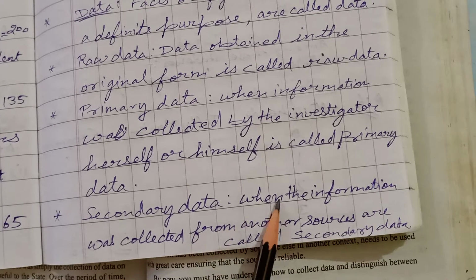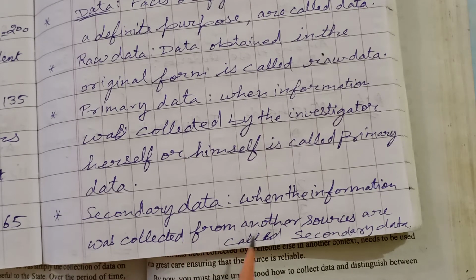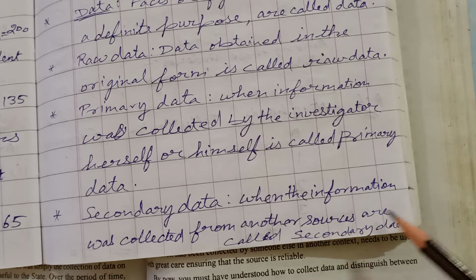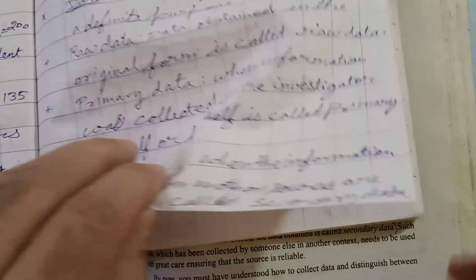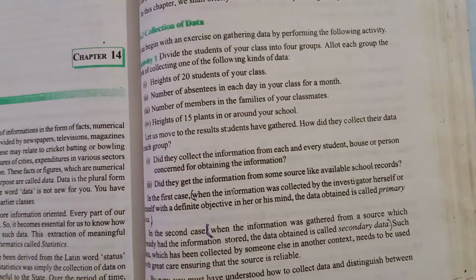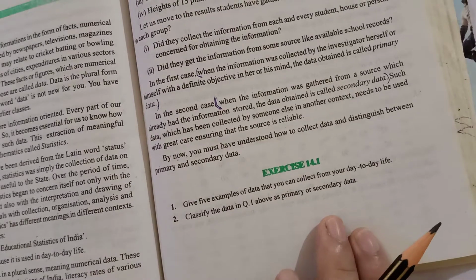Secondary data: when the information is collected from another source, it is called secondary data. Do exercise 14.1 in your fair notebook.